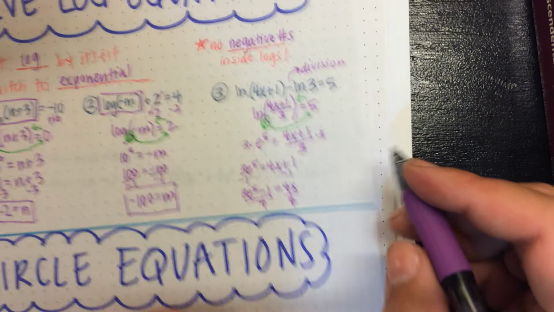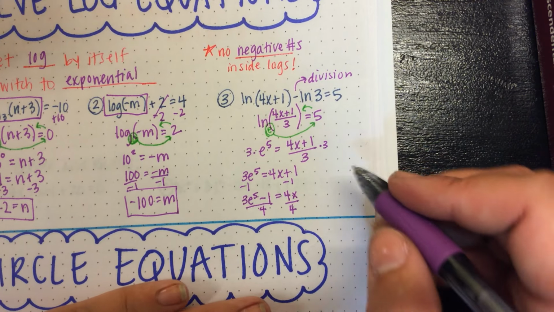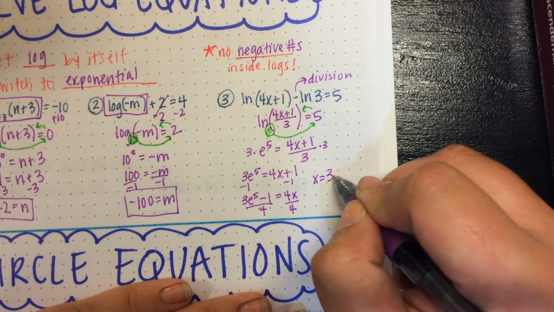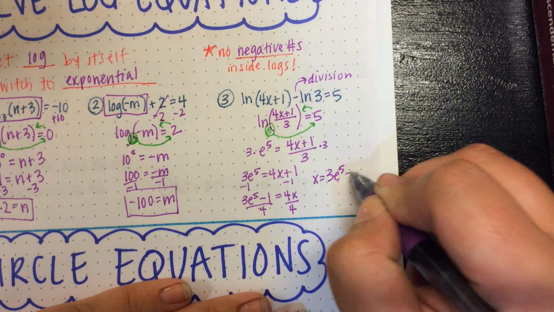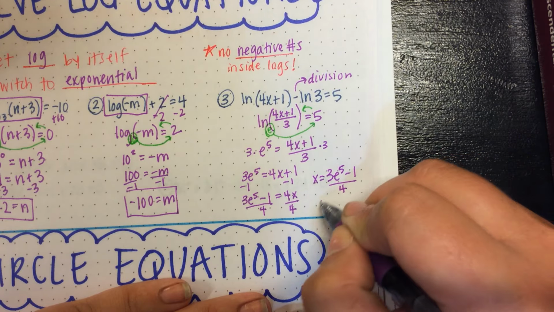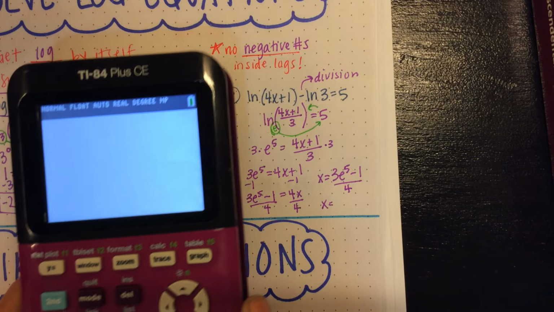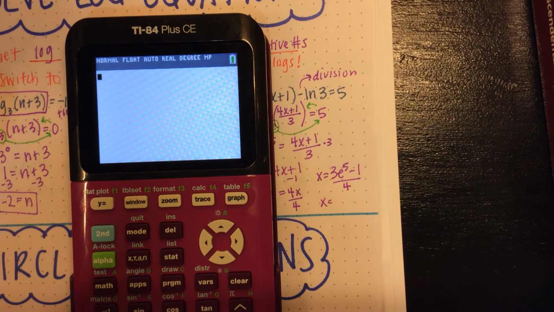So one option, if it's asking you for an exact value, that means no decimals, I would leave it just like this. 3e to the 5th minus 1 over 4. That is perfectly fine. Or if it wants a decimal, you can type it into the calculator. And again, your phone calculator should have this on it.